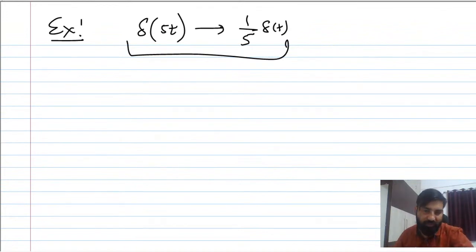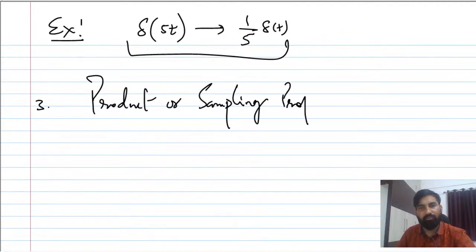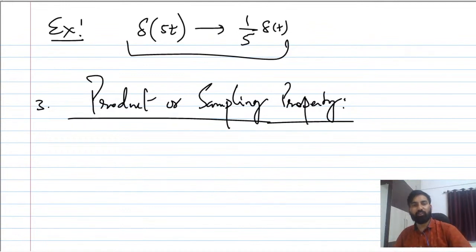And one more property is there, this third property, we call it product property or sometimes sampling property. Why do we call it product property or sampling property?